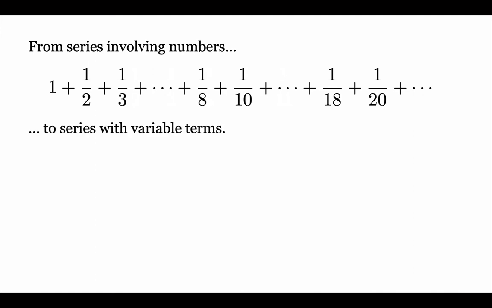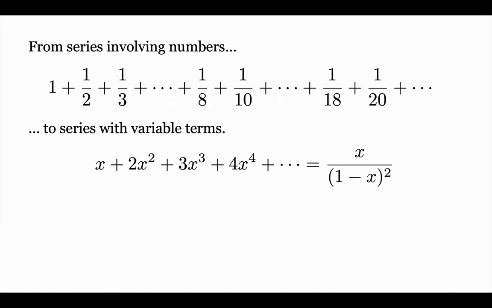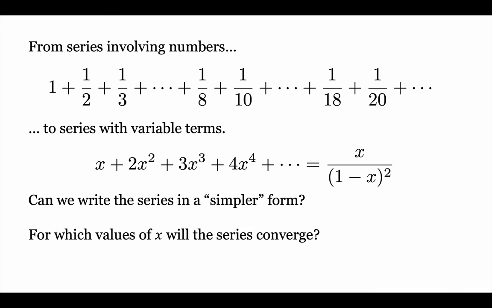Okay. We're going to go from things that involve just particular terms into things that involve variables, like we did in our example. Can we take something on the left side and write it in a simpler form, like we saw the sum of powers of x was equal to 1 over 1 minus x? Well, I already told you, sometimes it's not always exactly equal.